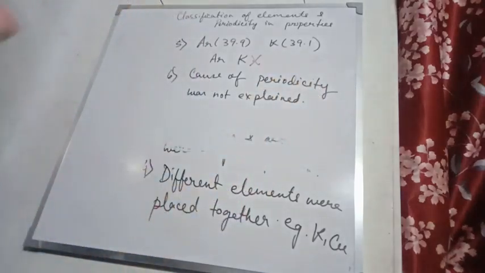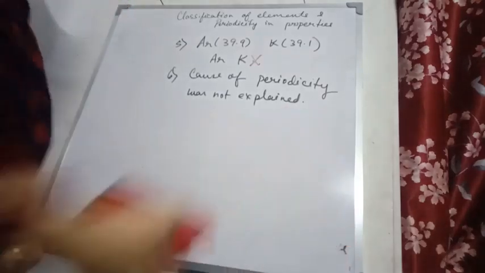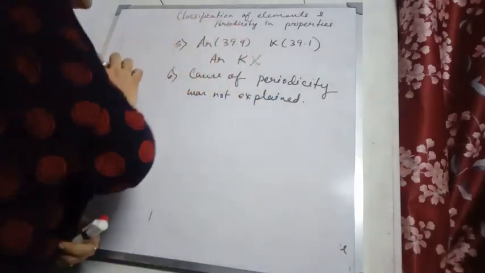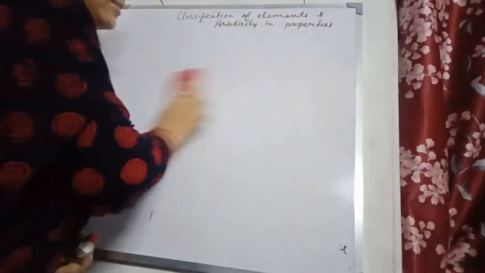Okay, now what happened? Moseley, another scientist, modified Mendeleev's periodic law and gave the modern periodic law, which is valid till today.